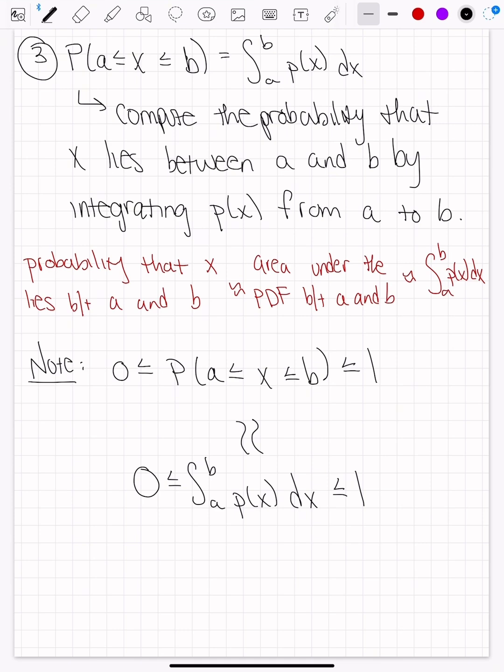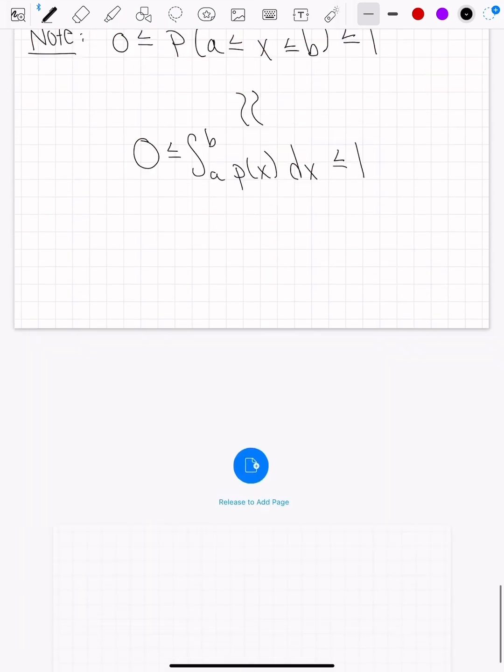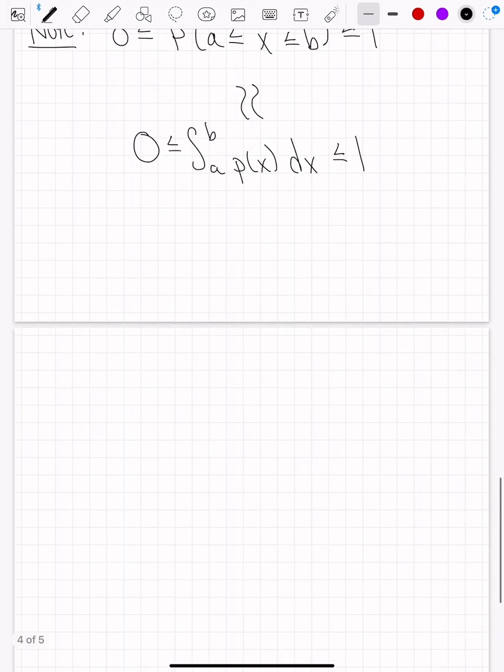So I want to just give a few hints for exercise 1 and 2 just to get you guys started.